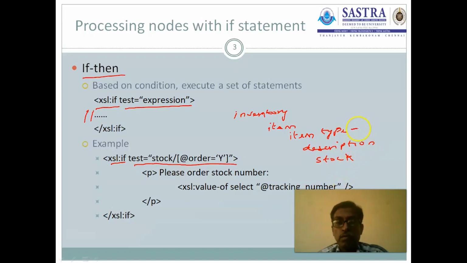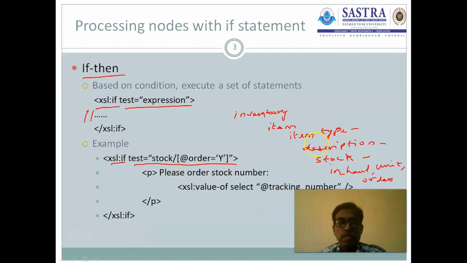So item type, description and stock. In stock we have the in_hand attribute, in hand unit, and then order unit, order. These three attributes are available. In item type we find manufacturer, tracking number, all those things we have used.